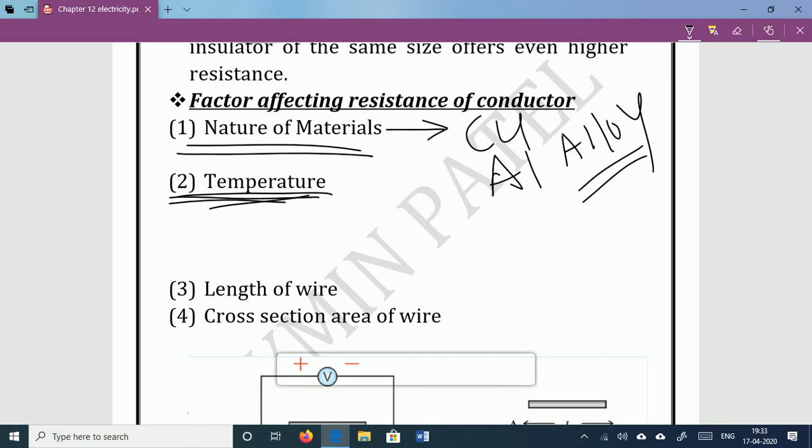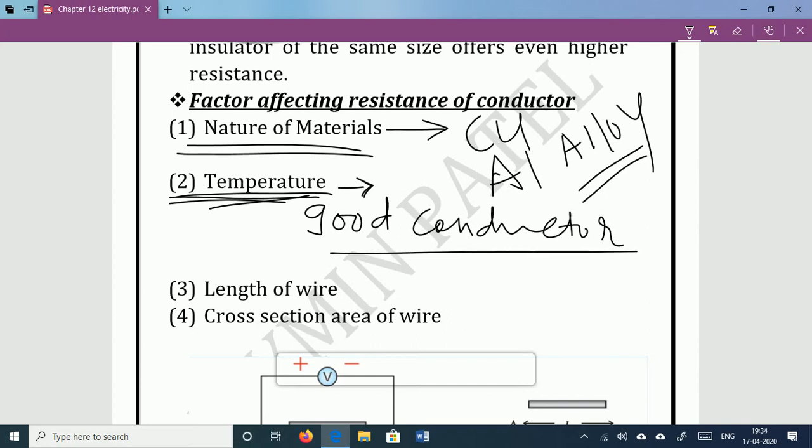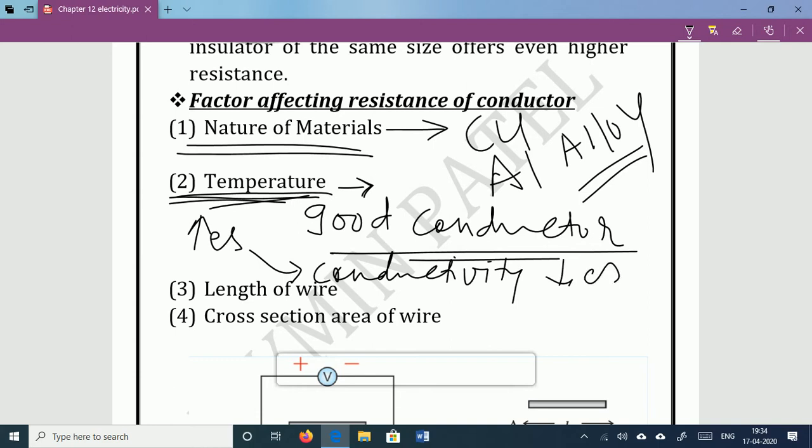So here, if a good conductor is there, definitely when the temperature increases, conductivity decreases, meaning the resistance is increased. When the temperature is increased, resistance is going to increase.